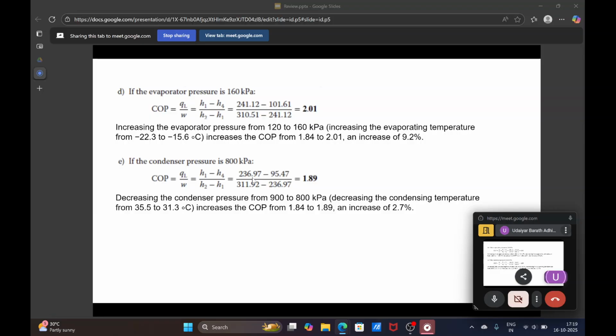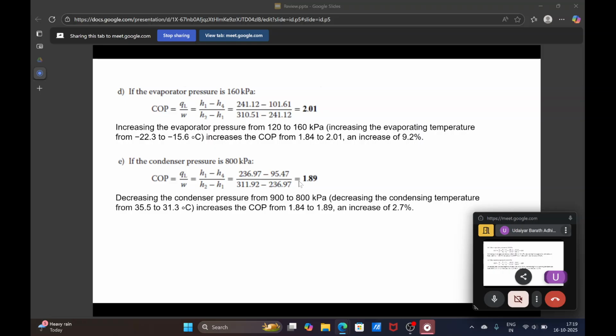So H1 is 236.97, which remains the same, which is the 120 kilopascal saturated vapor enthalpy, minus the saturated liquid enthalpy corresponding to 800 kilopascal, which is 95.47, that is H4, divided by H2 minus H1.